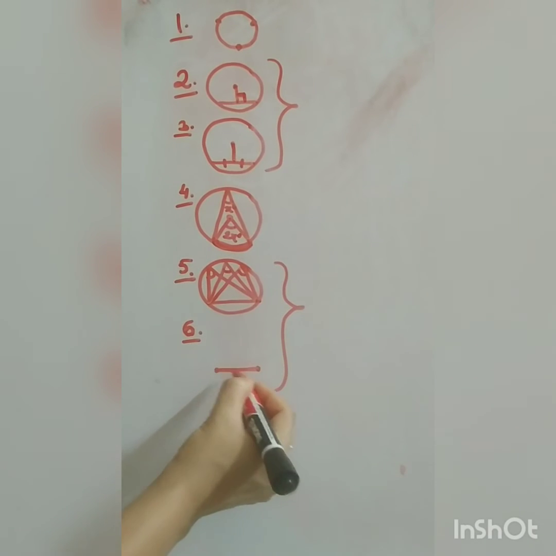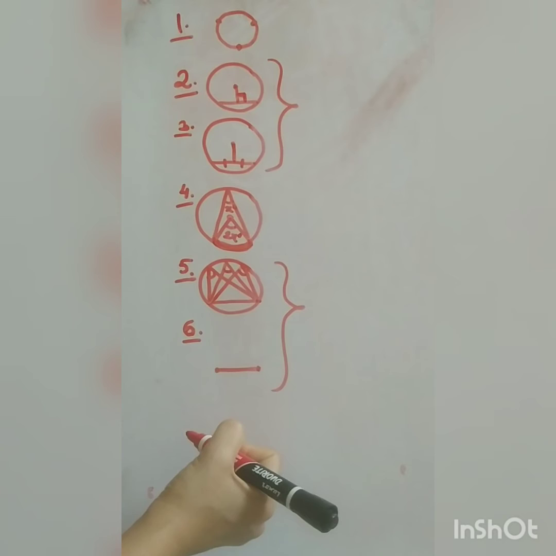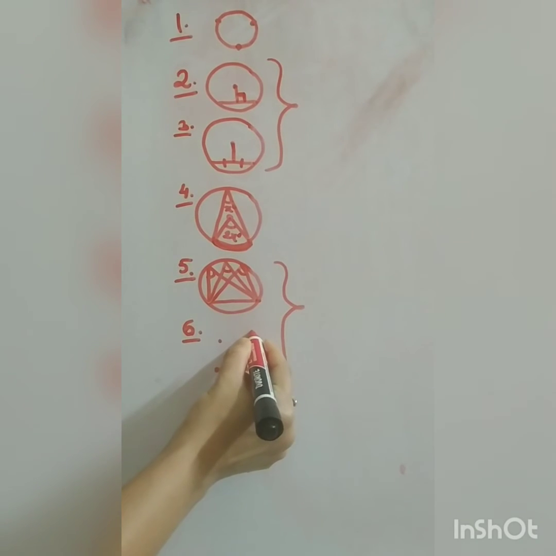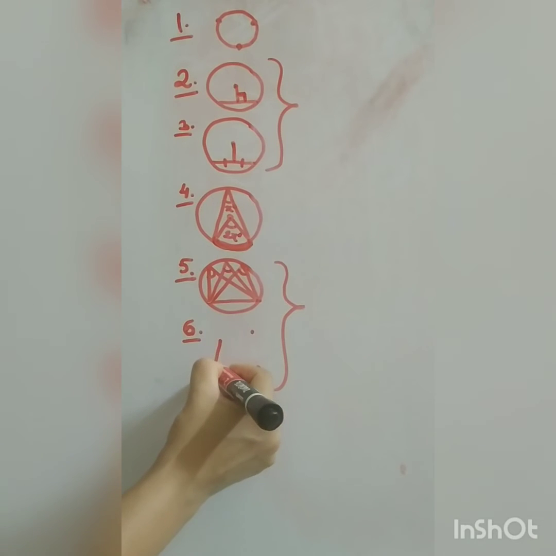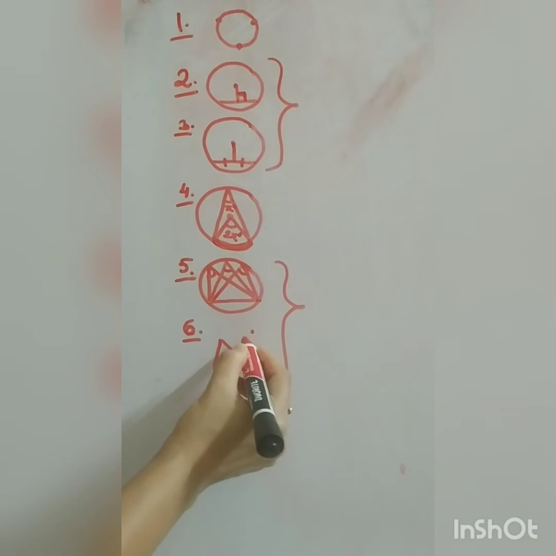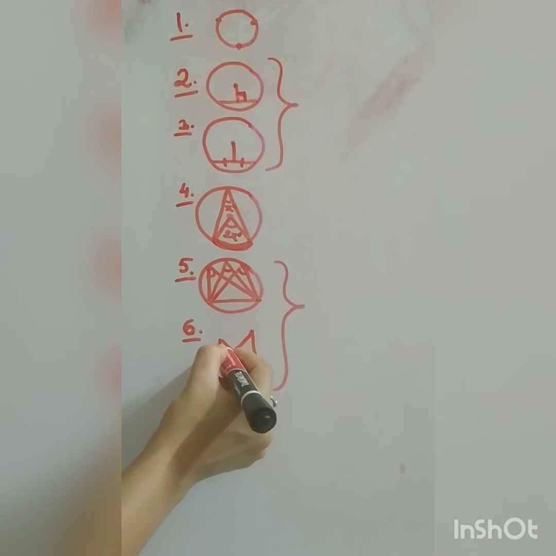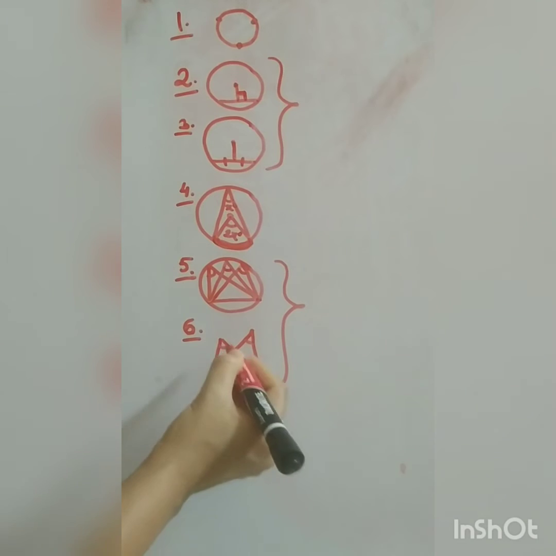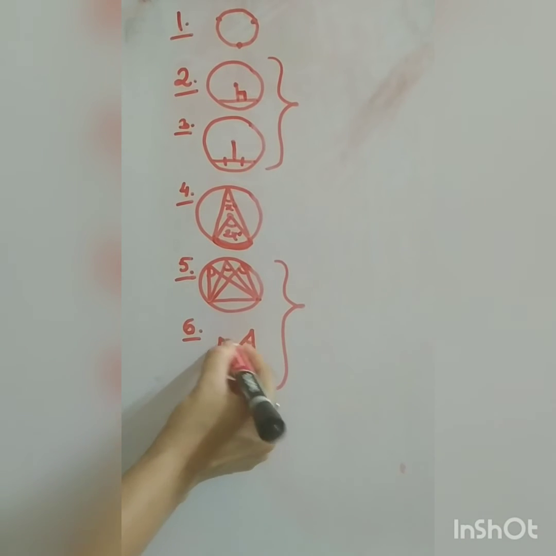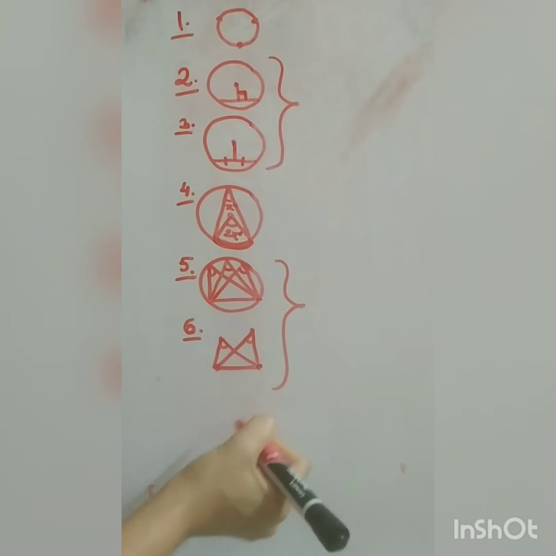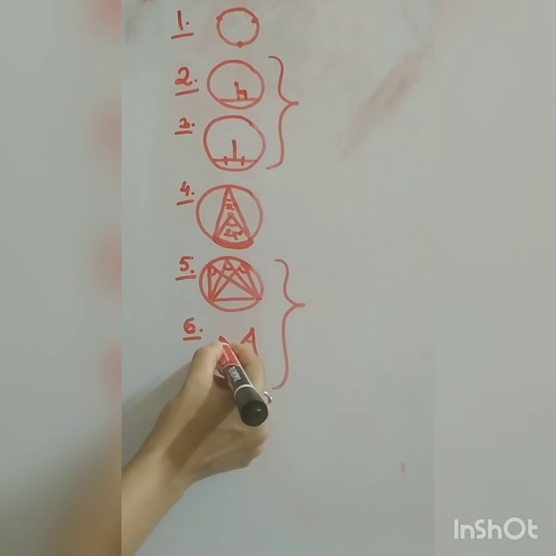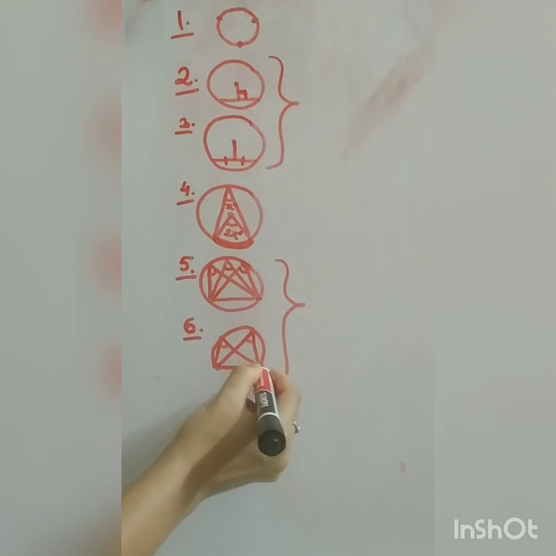If a straight line joining 2 points subtends equal angles at 2 other points, so if this is x degrees, this one is also x degrees, then the 4 points are concyclic. That is, a circle can be drawn through these 4 points.